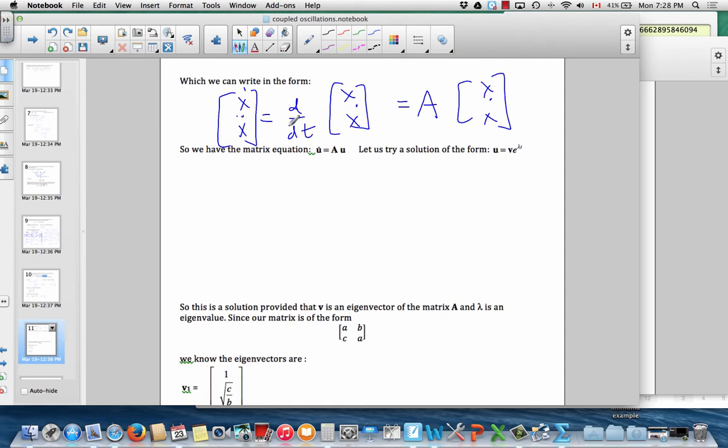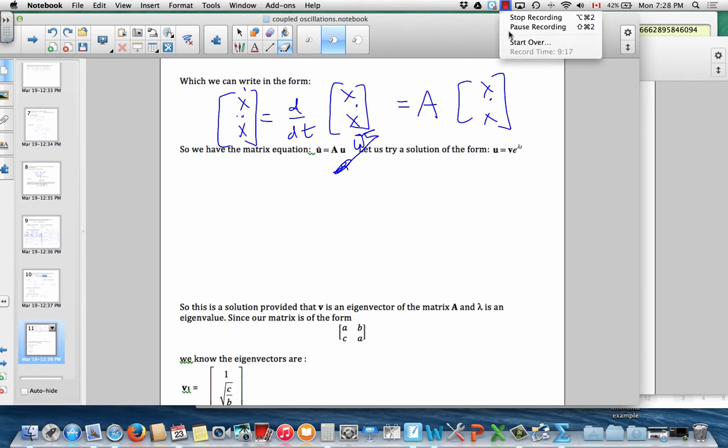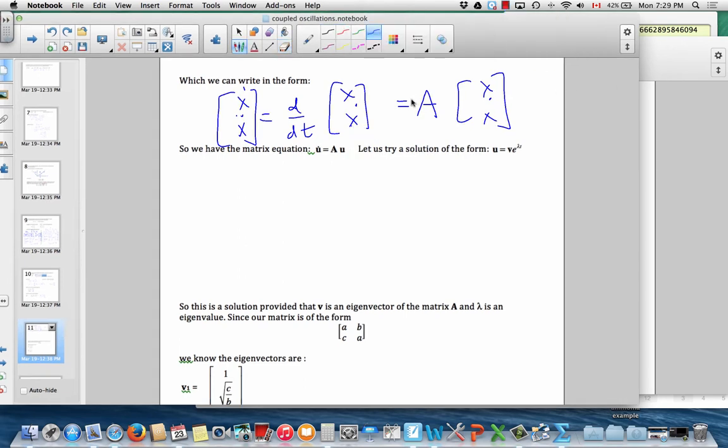The time derivative of some vector u is a matrix times the vector. So here's d/dt of u, which is u dot, is A times u. So this is now a differential equation, but it's a differential equation involving vectors and matrices.